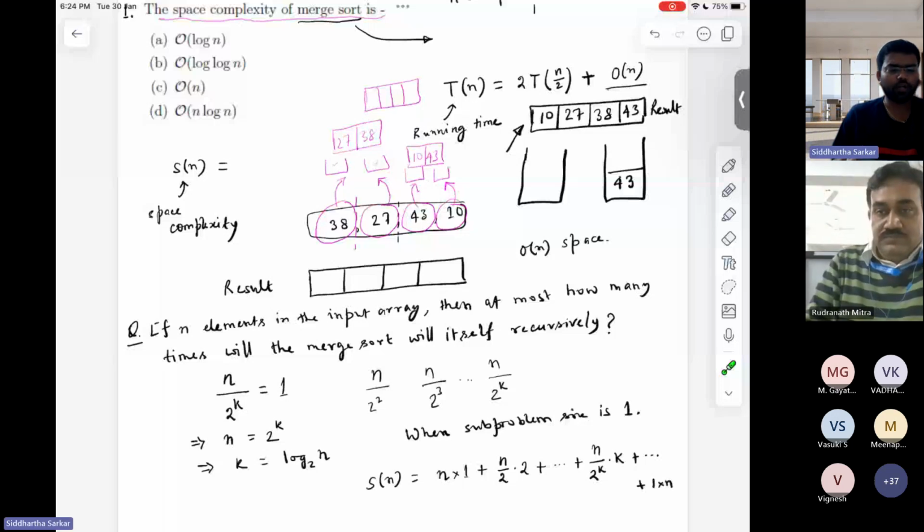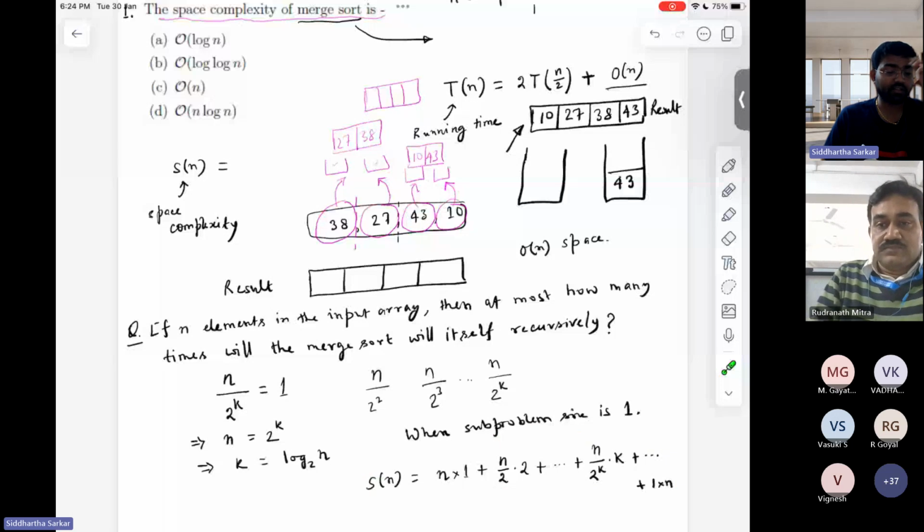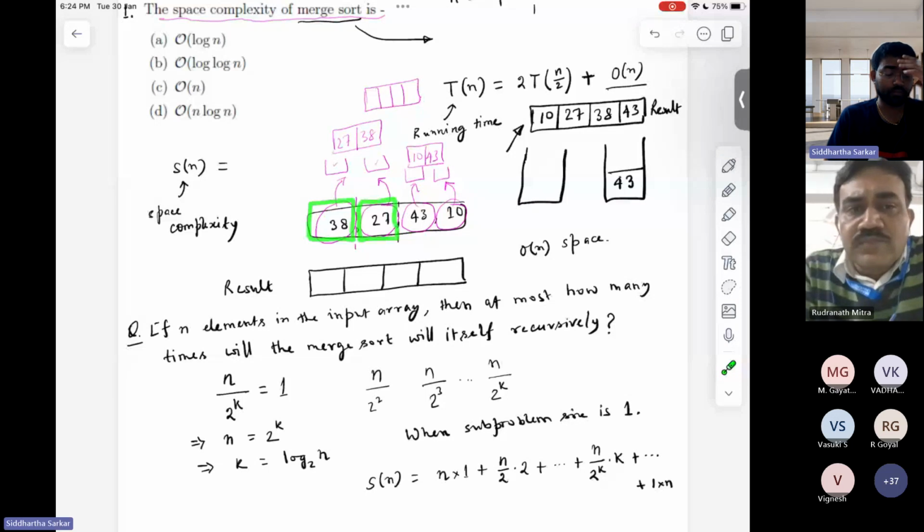Why is it of the order of n? So this is the calculation I did. This is the calculation counting the additional space that will be required. So consider the basic subproblems, that means those subproblems that contain one element each. How many such subproblems are there?